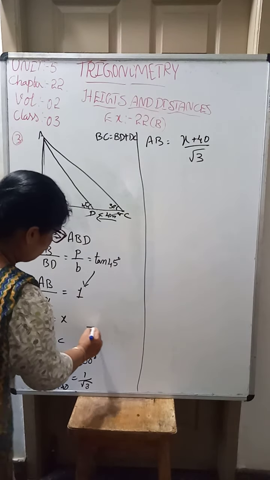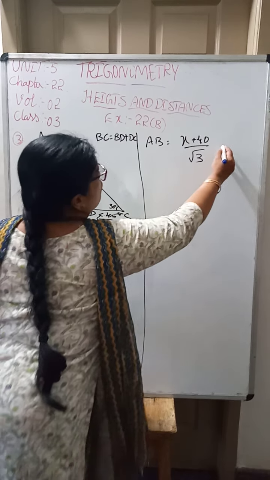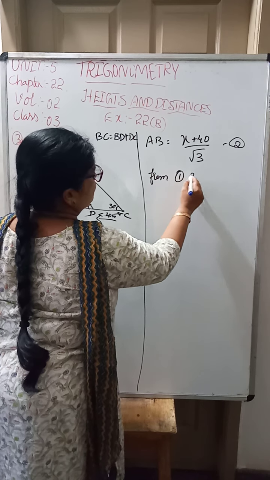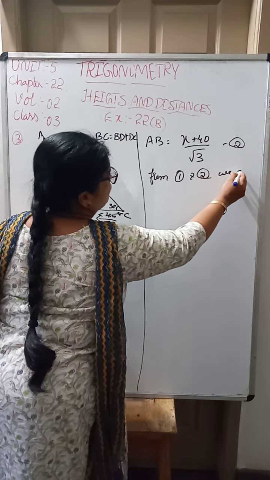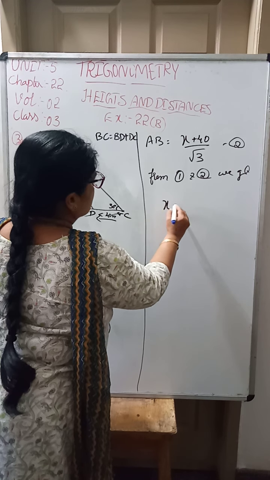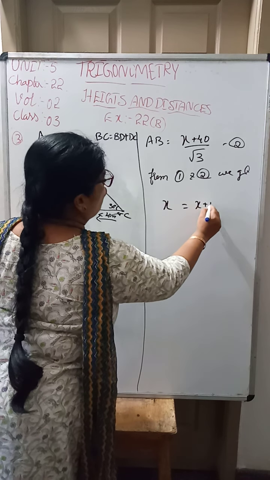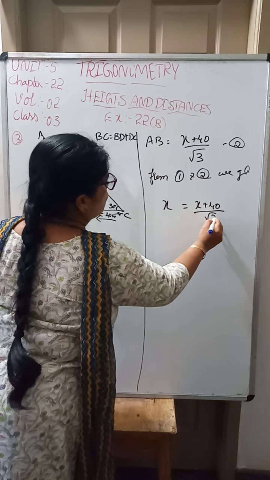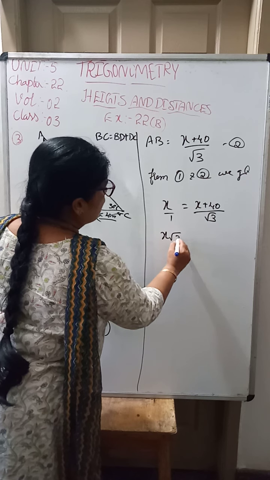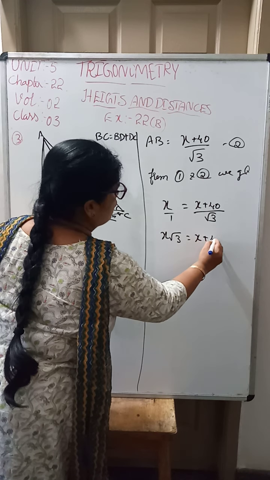Call this as 1 and call this as 2. From 1 and 2 we get X is equal to X plus 40 divided by root 3. Go for cross multiplication. X root 3 is equal to X plus 40.